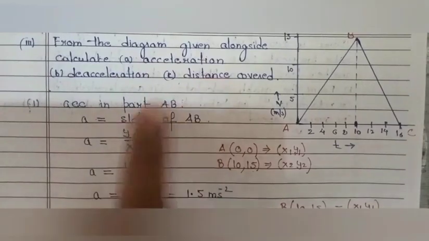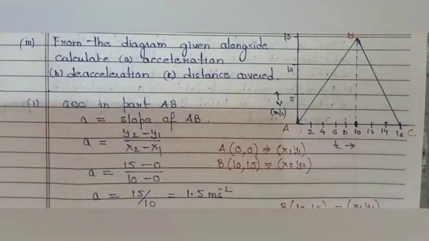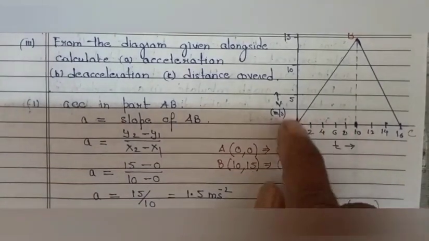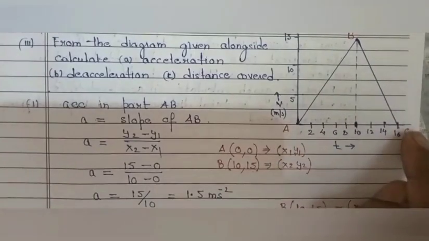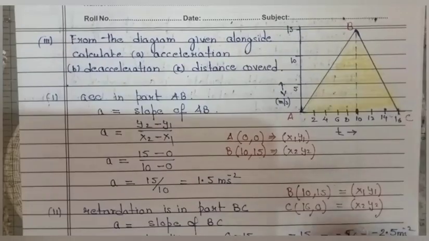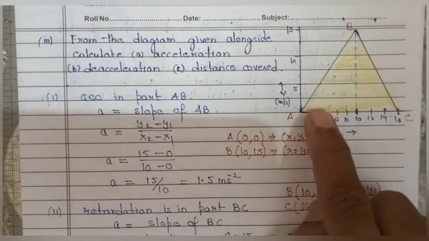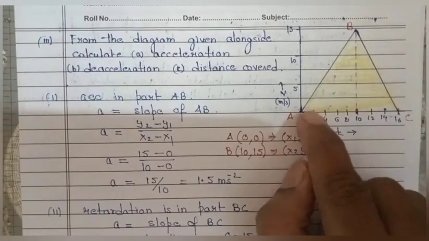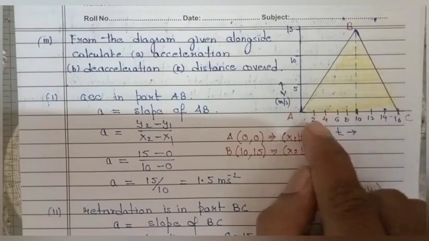Okay, we have done the first part and the second part. Now the third part, distance. How do we get the distance from a velocity time graph? Whenever they ask you to calculate the distance in the velocity time graph, you will calculate the area between the sketch and the time axis. Here we need to calculate the area of the triangle.